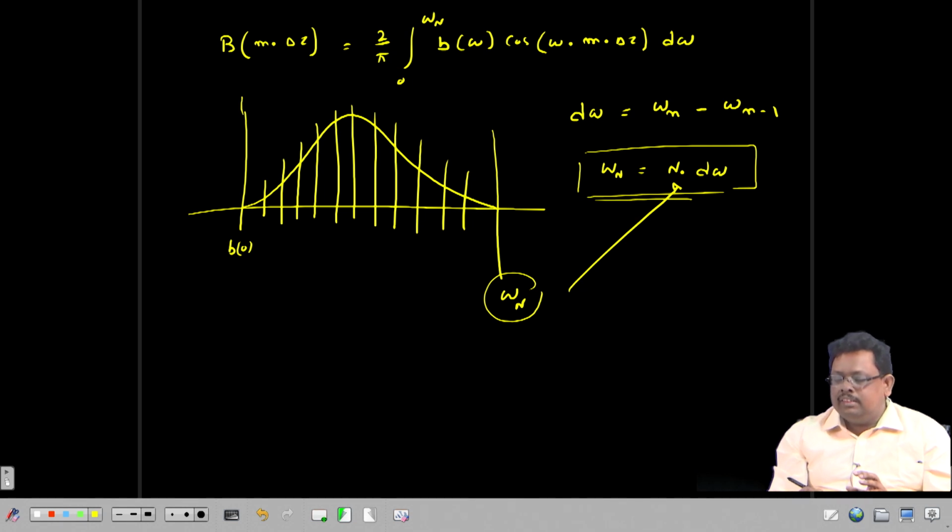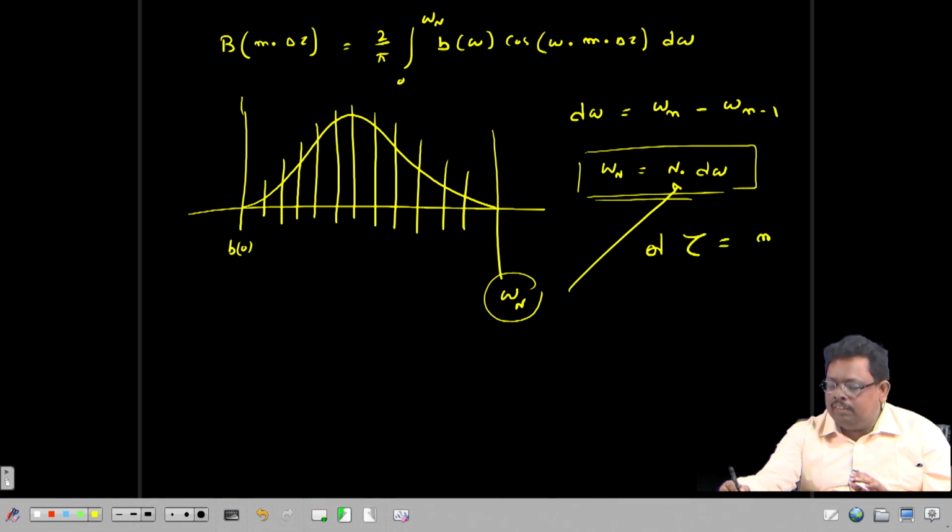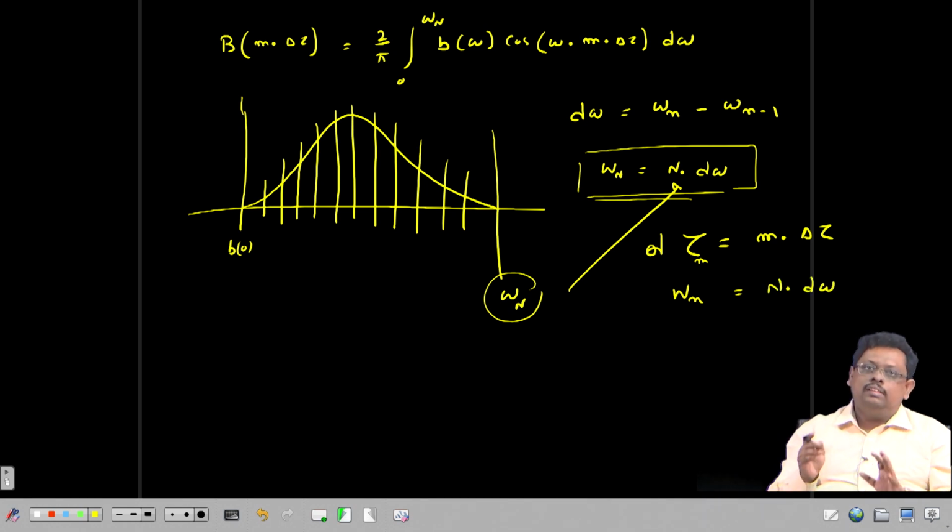Now I know that my tau equal to some small n into delta tau, and I also know my omega, where the tau goes to tau m, and omega n is equal to some capital N multiplied by the d omega. So, these two things I know.